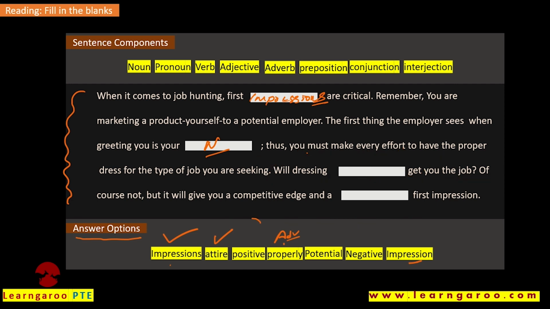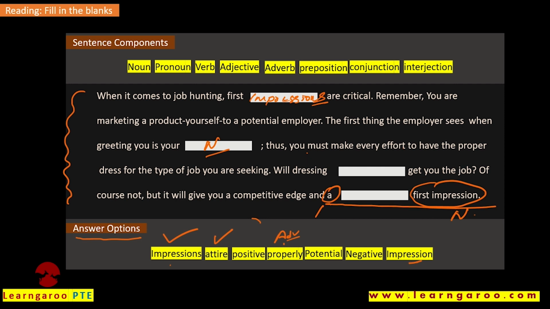Now let's check our last part. Here we have "a or first impression." This "a" is an article, right? And "first impression" is a noun.